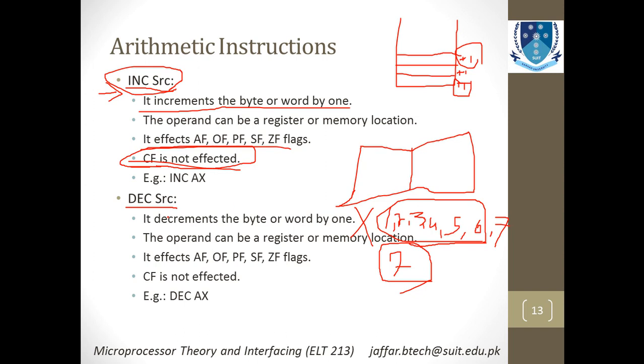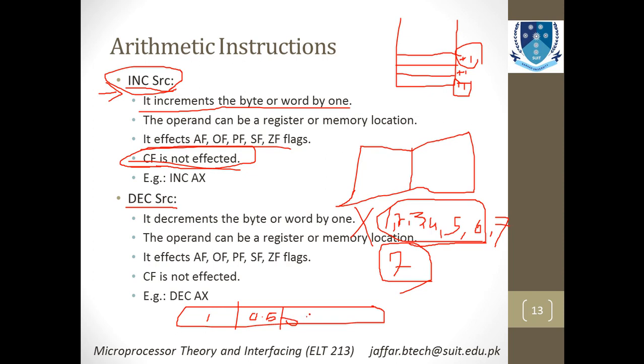The best example for decrement source is that let's say you are watching a cricket match and you see that this is the final over, and after every ball the over becomes decremented by 1 point. First it was 1 over, then it becomes 0.5 balls, 0.4, and so on.